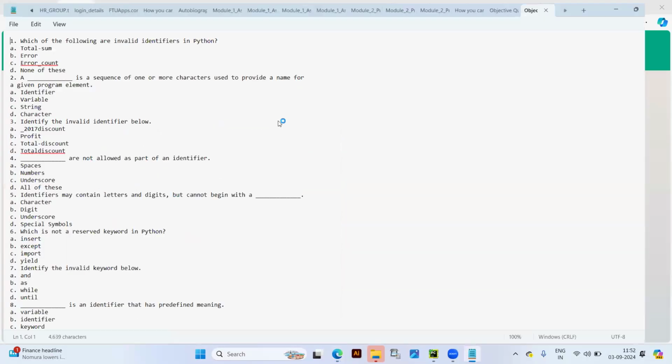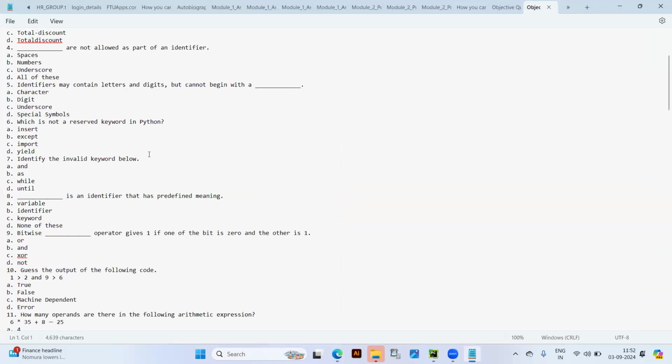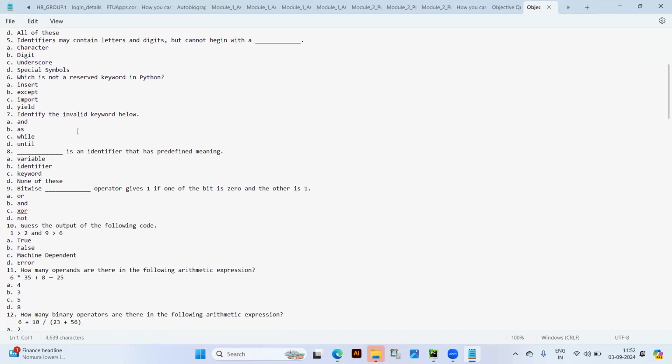Correct. So here, కొన్ని questions, for example, identify invalid keyword. Obviously, keyword అంటే already predefined keyword. While is a predefined keyword, and is a predefined keyword, and as is also a predefined keyword, but until is not a predefined keyword.